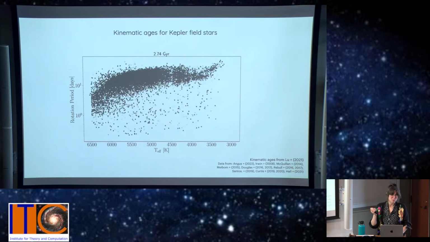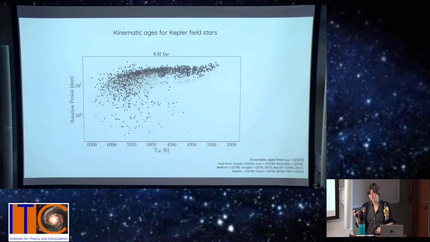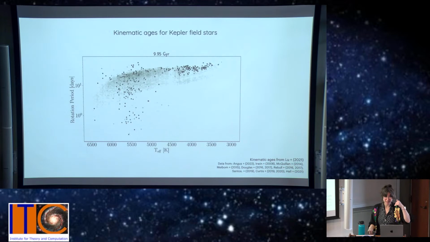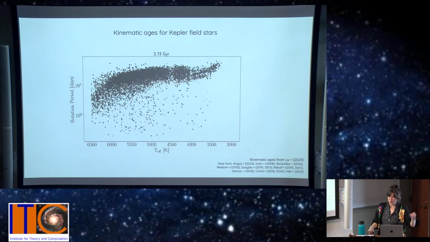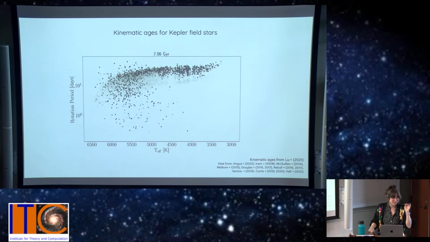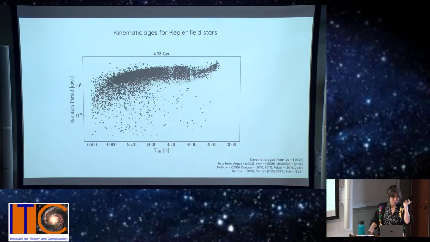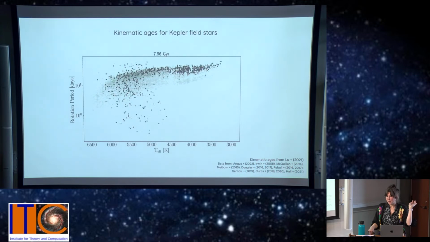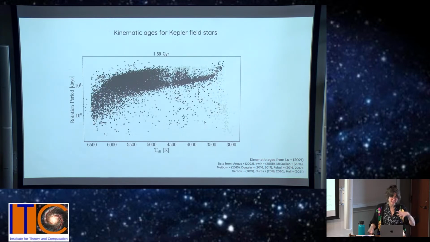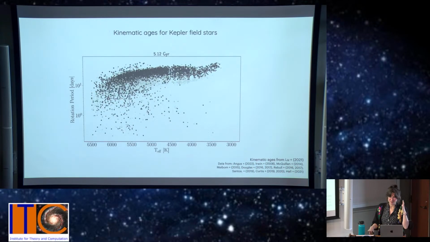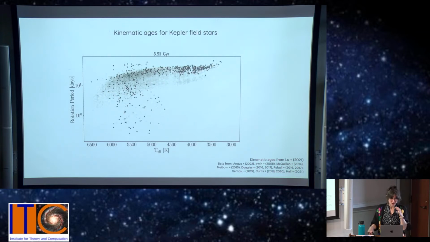And for the first time, we can create this kind of time-lapse movie of how stars really and truly spin down and evolve in this period-temperature space. So we don't need to extrapolate using models calibrated to young open clusters. We can just see in the data how stars evolve over time.